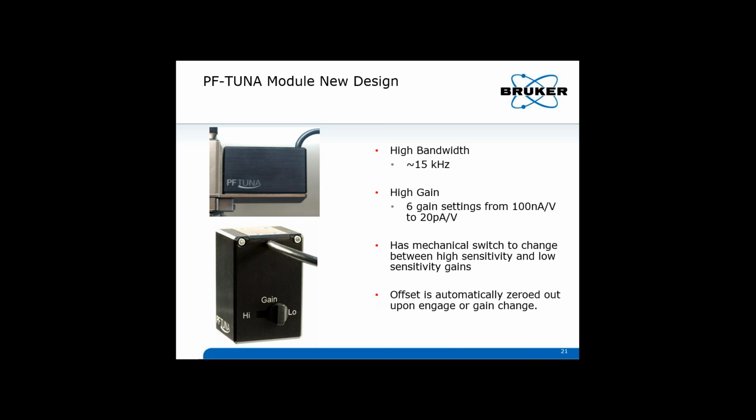And offset and gain are automatically adjusted when the tip is engaged on the sample. You don't have to adjust the offset and gain manually anymore. So this PeakForce tuner module works in contact mode as well. So it's not only a new module, but can also be used for your old contact mode current measurement application.